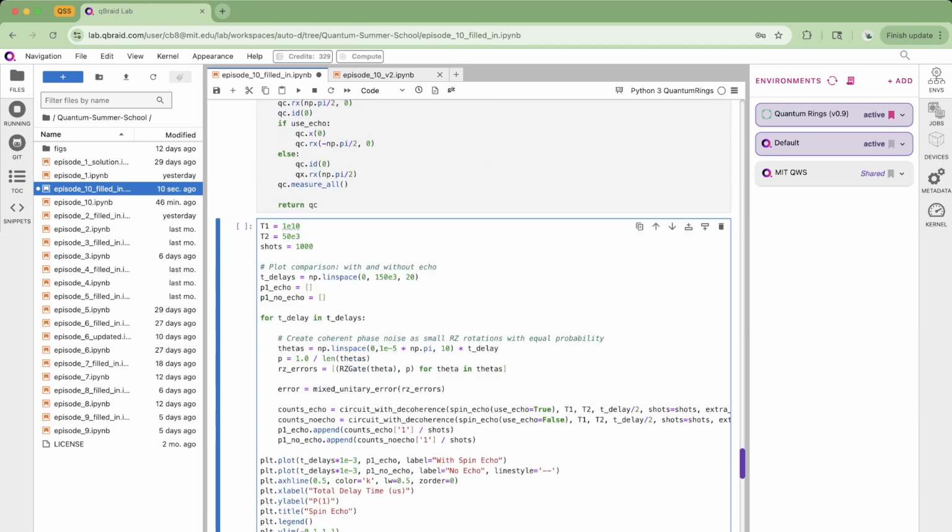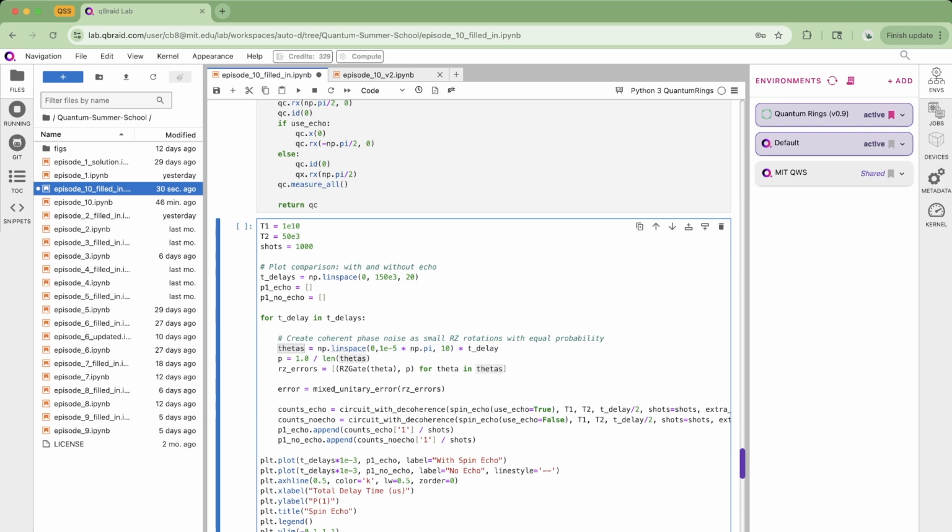So now we can consider this case. I made T1 really large, so we're not impacted by amplitude damping at all. And we have our typical T2 decay. And then here, just as a model of noise, I have what I'll call coherent phase noise.